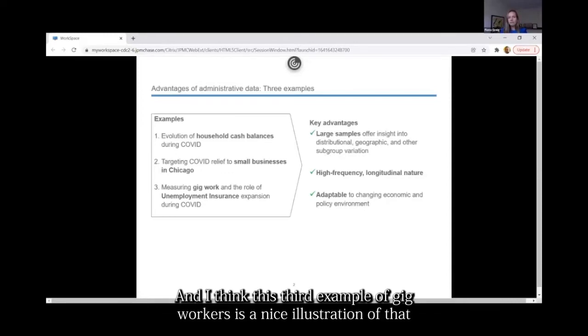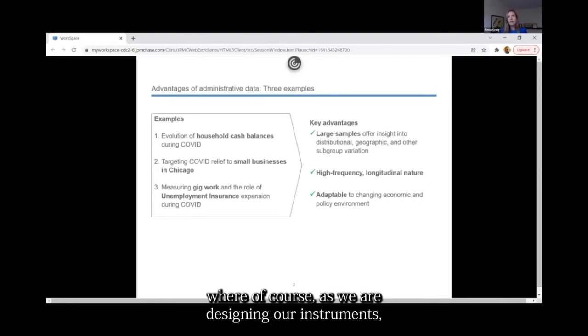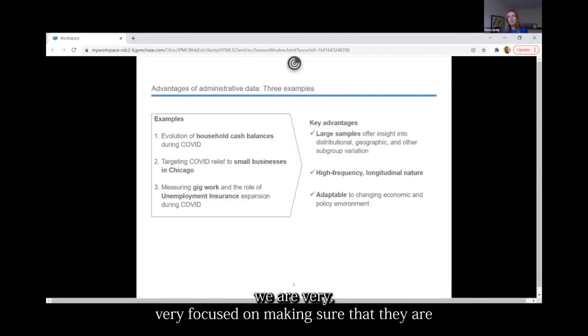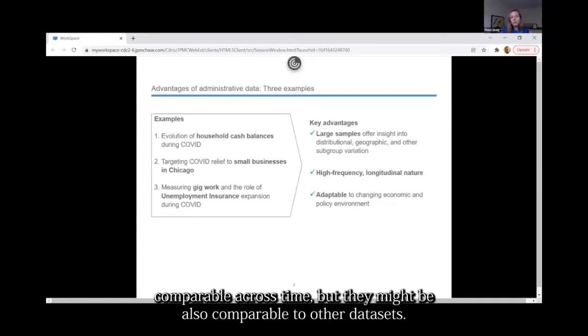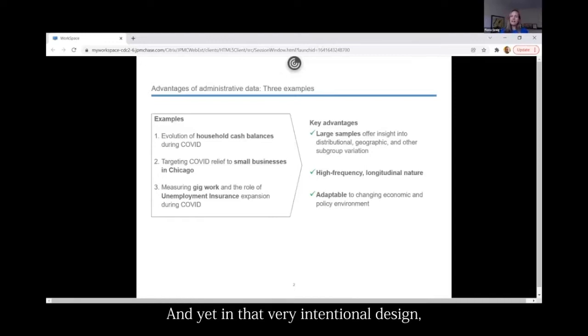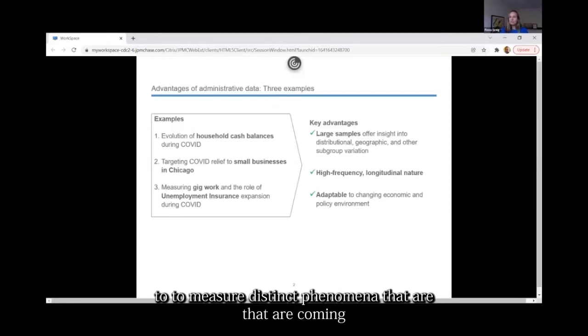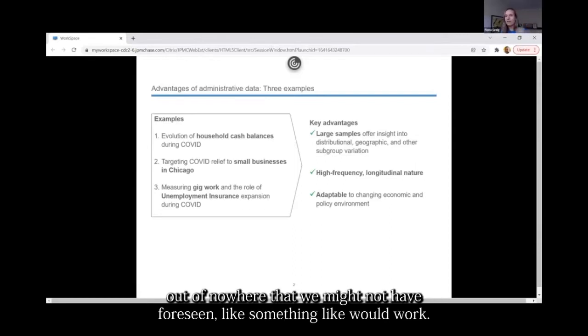And I think this third example of gig work is a nice illustration of that, where of course, as we are designing our instruments, we are very, very focused on making sure that they are comparable across time, that they might be also comparable to other data sets. And yet in that very intentional design, we lose the flexibility in some ways to measure distinct phenomena that are coming out of nowhere that we might not have foreseen, like something like gig work.